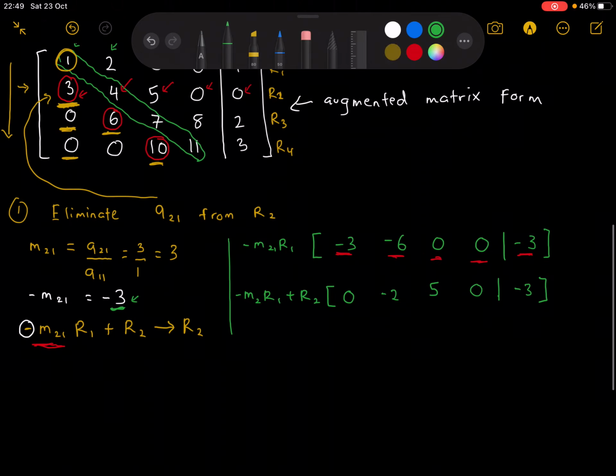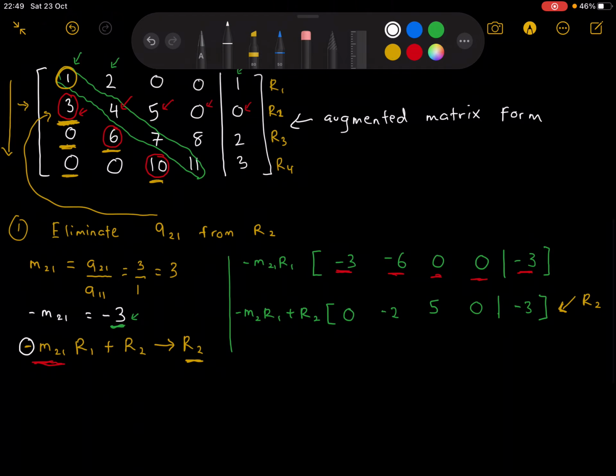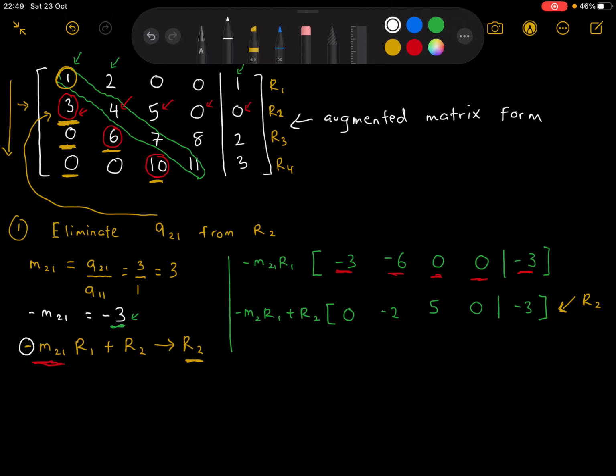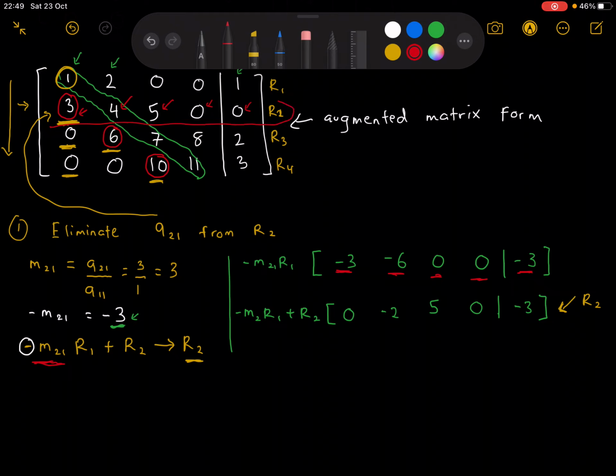So basically what we're going to do next is transfer everything in here into row number 2 as stated here. So what will change is only the second row. We're going to change the second row, so our matrix will become 1 2 0 0, that is for the first row.